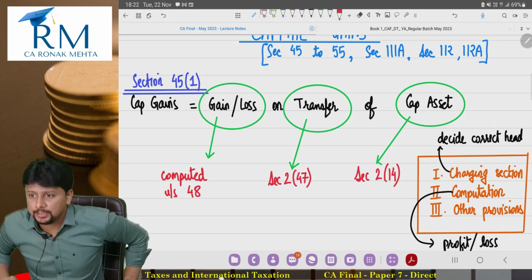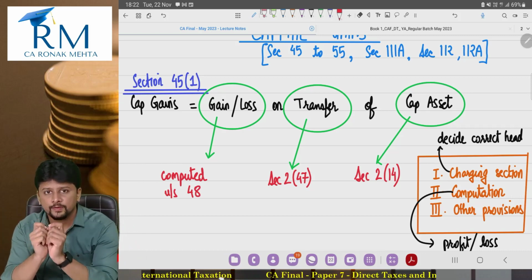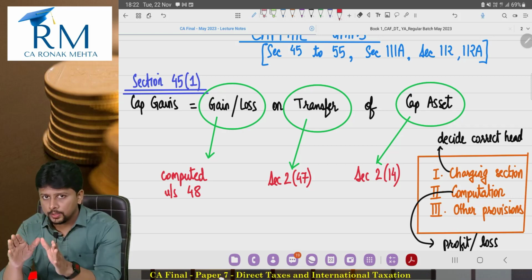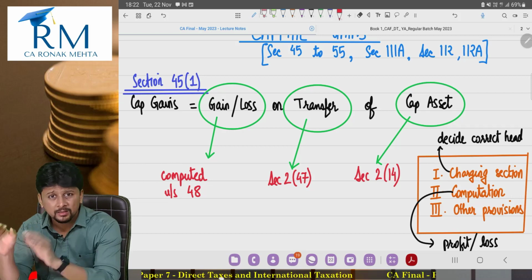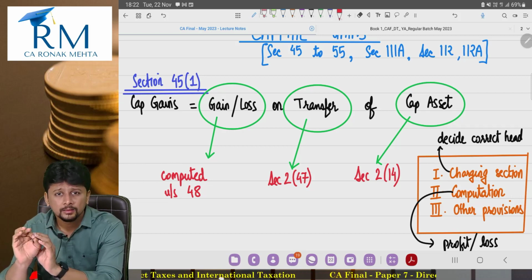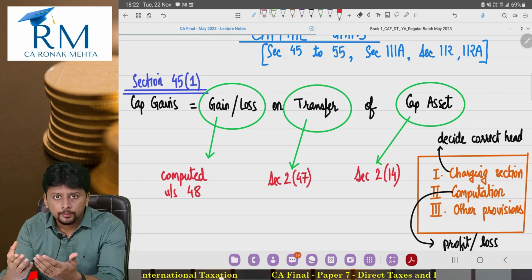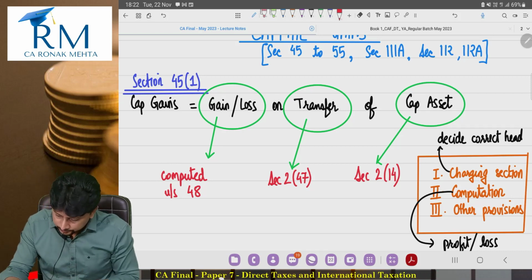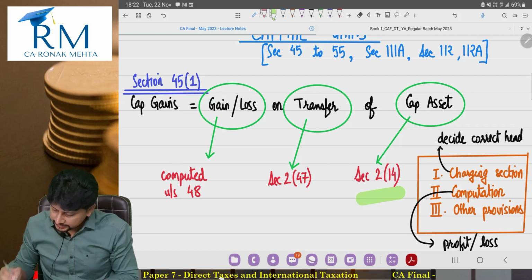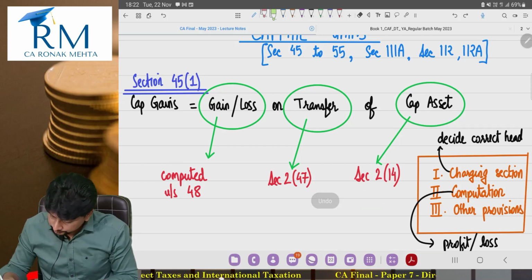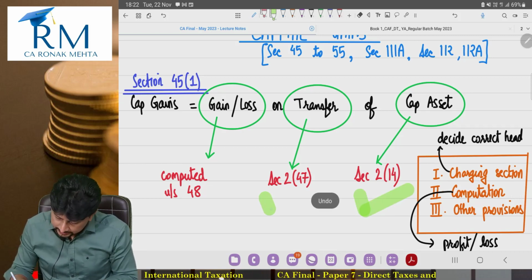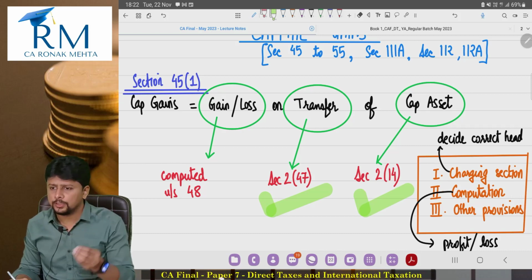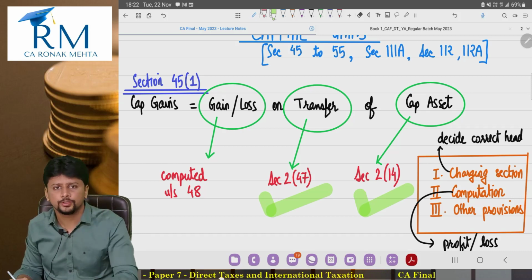So actually charging section 45(1) leads us to three other sections. What you are having should be a capital asset, and it must be transferred. If there is a capital asset and there is a transfer, then charging section 45(1) applies. Then you follow all the computation system under section 48.